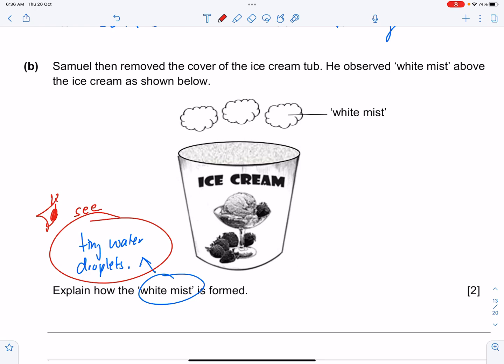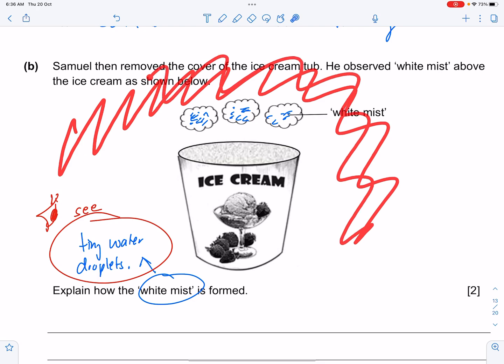If the tiny water droplets are occurring in the air, it will also mean that condensation is happening in the air. Okay, so the cooler surface that this has touched must also be in the air, right? So in order for condensation to happen, there must be something, water vapor, that is warmer. So the warmer water vapor cannot come from your ice cream, right? So the warmer water vapor actually came from the surrounding.